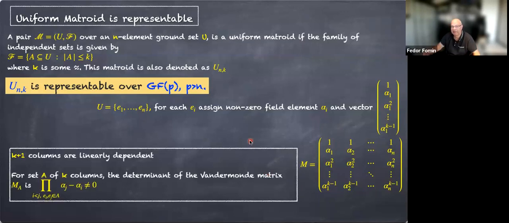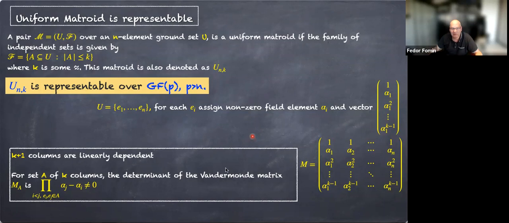My claim is that this is a representation of the matroid. I have to show that the corresponding vectors are independent if and only if this is an independent set in the matroid, which in the uniform matroid means that the size of the set is at most k.